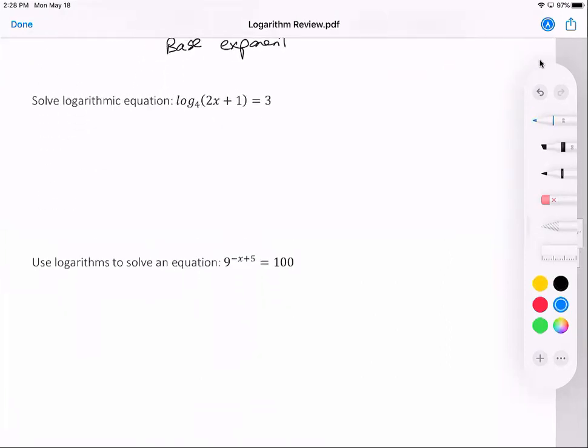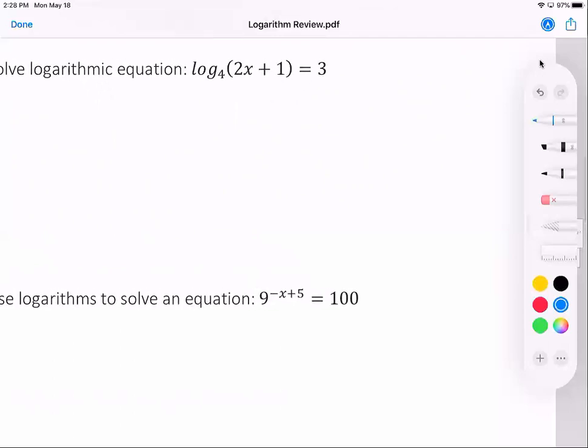Solve a logarithmic equation: log base 4 of 2x plus 1 equals 3. We want to isolate x, and to be able to isolate, we have to deal with this log base 4. To get rid of that log base 4, we do what's called exponentiate. Exponentiate both sides.